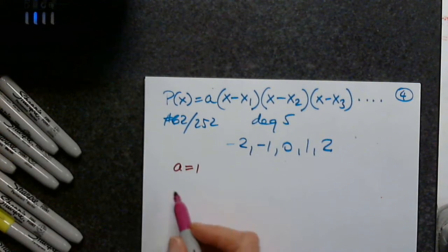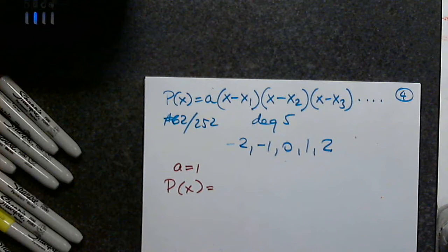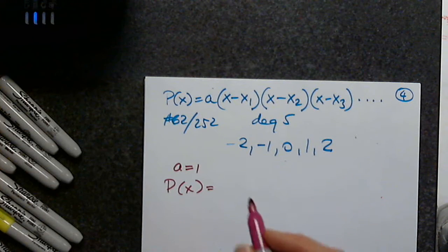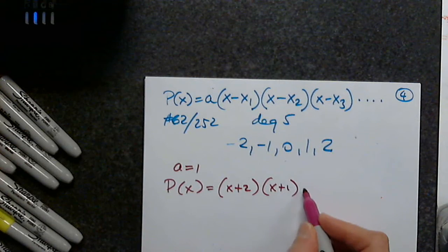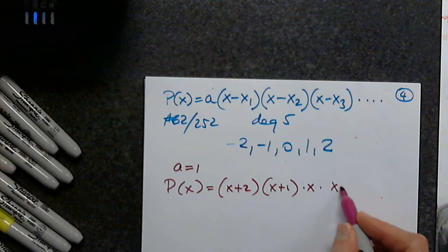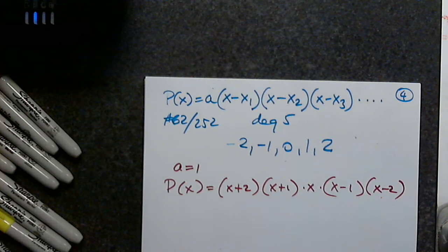So can anyone give us the form from which I will be able to create the polynomial of degree 5 with the given zeros? x plus 2, x plus 1, x plus 0, x minus 1. So this is how I determine a polynomial given the zeros.